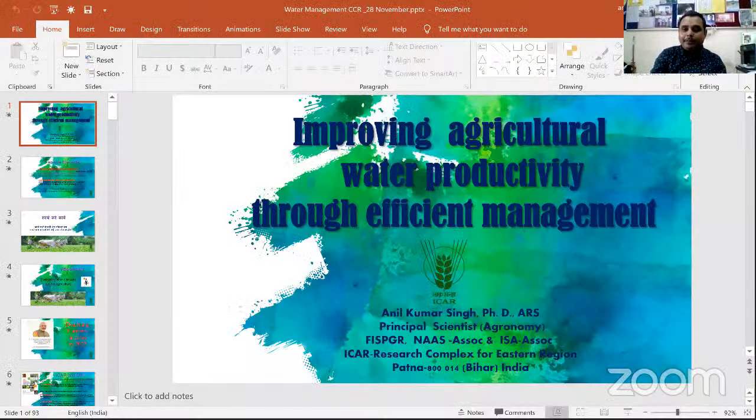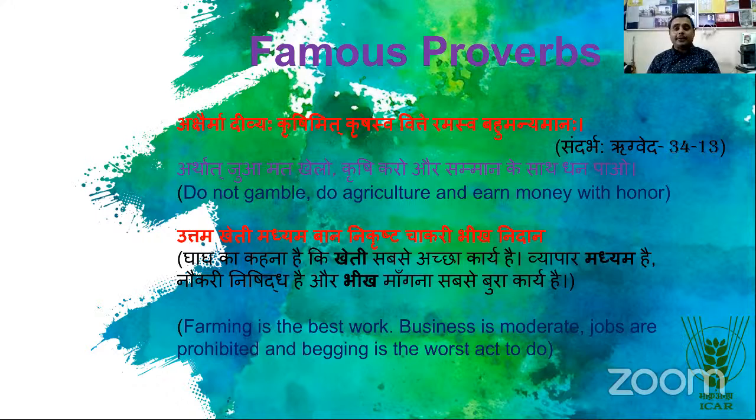Hope my slide is visible to all of you. Yes, sir. Okay. So first I would like to say a famous quotation from the Rig Veda: Akshair ma divyah krishim it krishasva vitte ramasva bahu manyamanah, meaning do not gamble, do agriculture and earn money with honor.